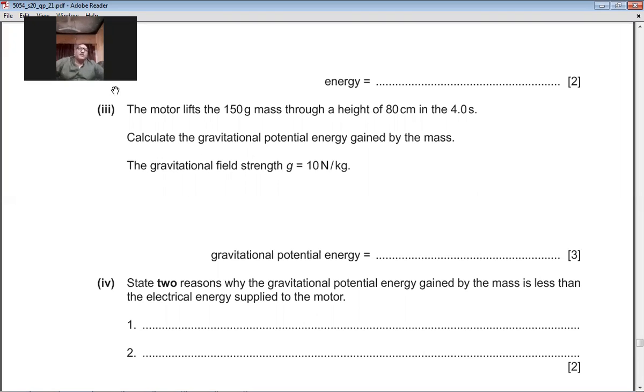So I can convert 150 gram divided by 1000, it will become 0.15 kg. And 80 centimeter divided by 100 will be converted into meter, so it will be 0.80 meter. Simply put those values in the mgh formula and you will get the answer.